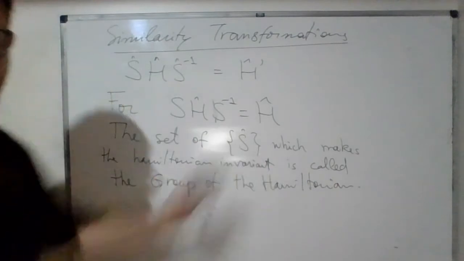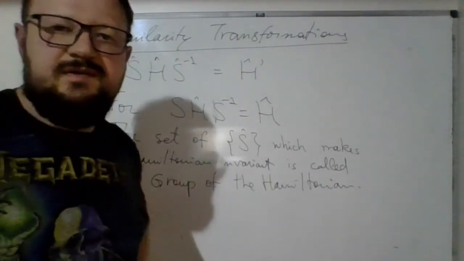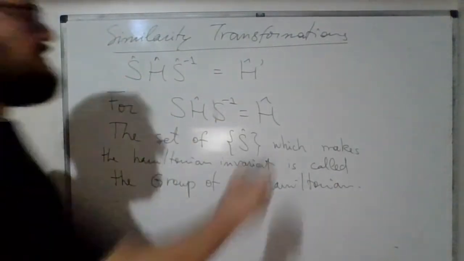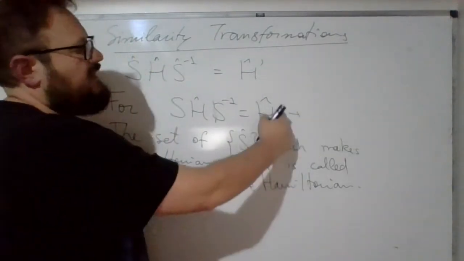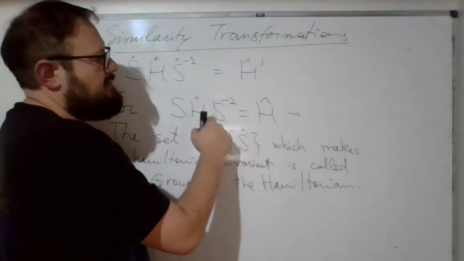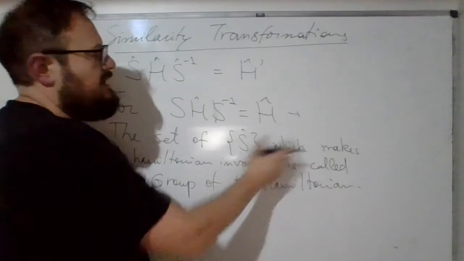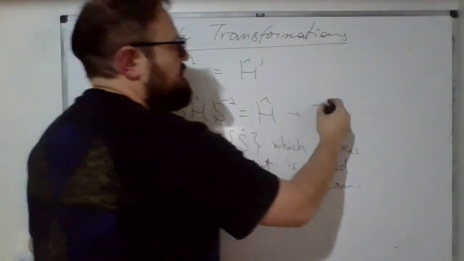All right, this is a very important property. Notice that you can multiply both sides by S here, by the matrix, and just rearrange the factors.